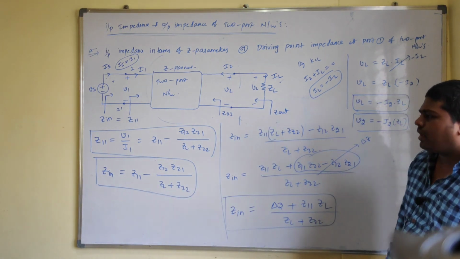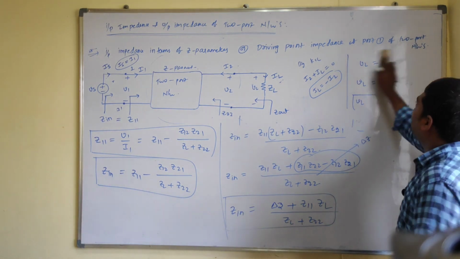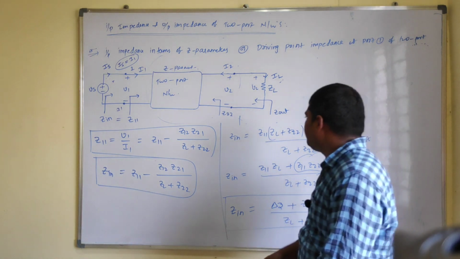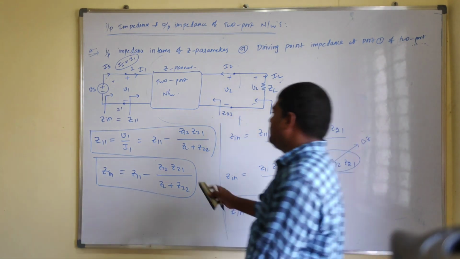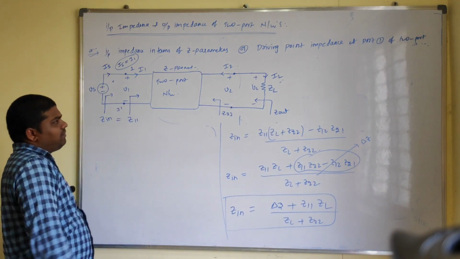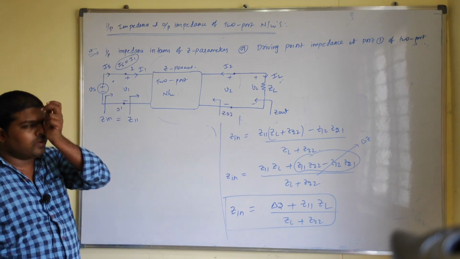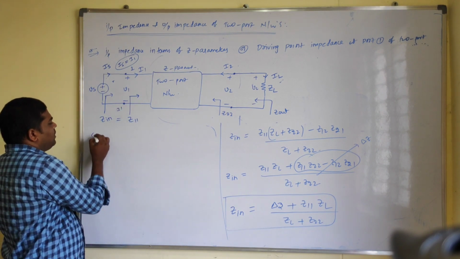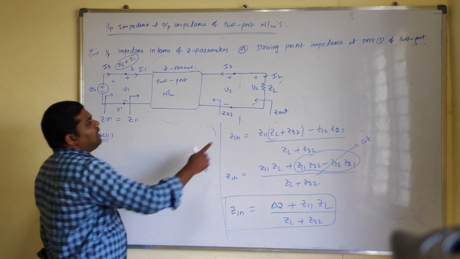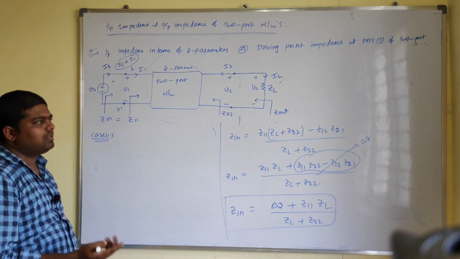Now here we have 2 conditions, right? For a given 2-port network, including the source as well as the load, first case, case 1: the ZL value is equated to 0, that means short circuit.